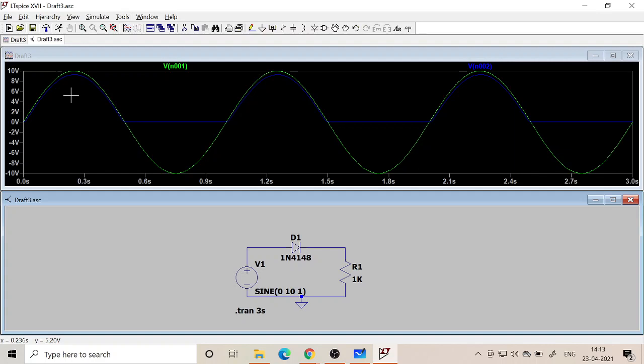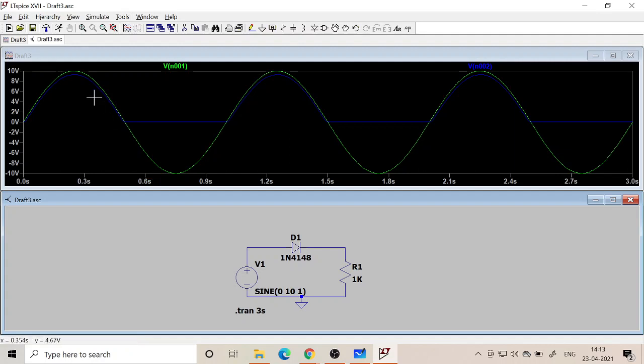I guess you have understood that from yesterday's class. Can somebody tell me the reason why the peak at the output is not exactly the same as the peak of the input? Can you tell me, somebody? Sir, cut-in voltage. Cut-in voltage.